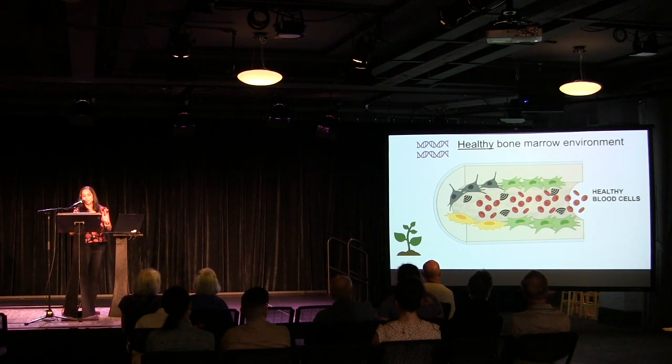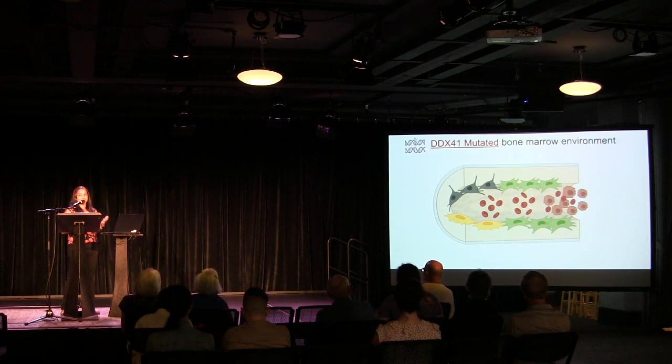So I do want to preface by saying that we really don't know what's happening in a DDX41 mutated bone marrow environment, and that's kind of what I'm trying to study as part of my PhD. And my research is kind of trying to understand if we can learn more about the mutated bone marrow environment and if that'll help us improve treatment.